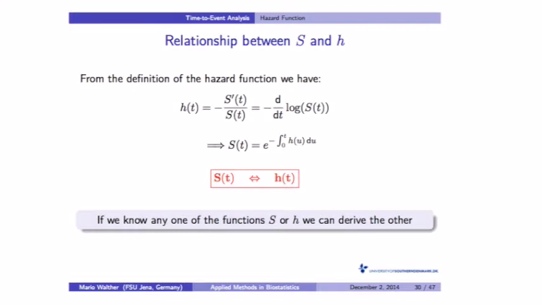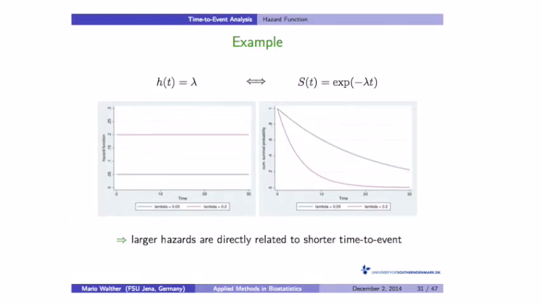Here's a small example for a constant hazard rate. Here I assume that over the whole time course we have a constant hazard rate. It means the rate that an event of interest occurs is the same at each time point. Can we also say that the hazard rate measures the probability of having the event of interest at time t?